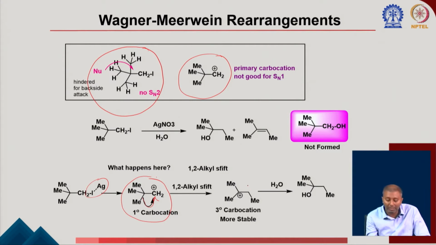So that is actually generating a more stable 3 degree carbocation, as you know the 3 degree carbocation is more stable. Now it can capture water to come to the corresponding alcohol, or a proton abstraction can happen which can go to the corresponding olefin. So it ends up giving two products in this reaction.